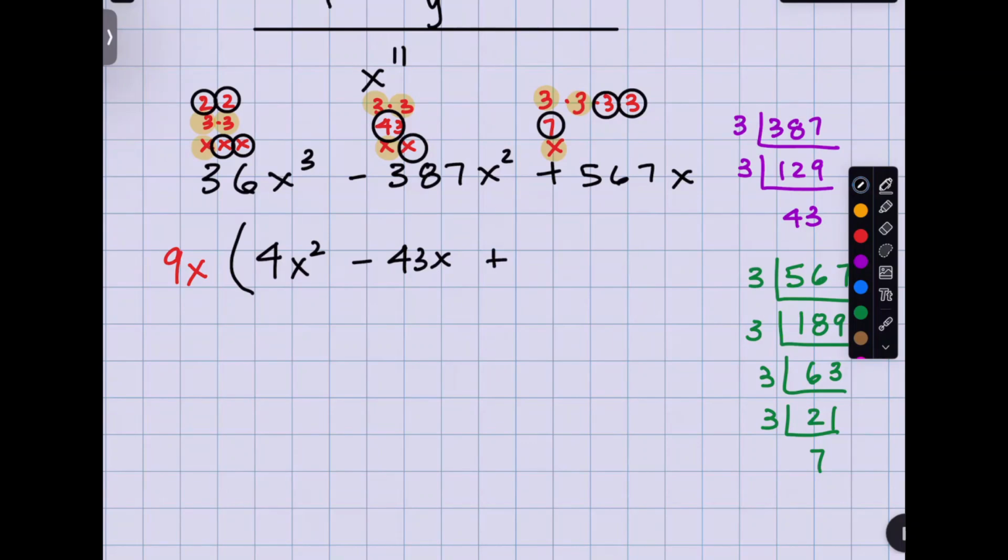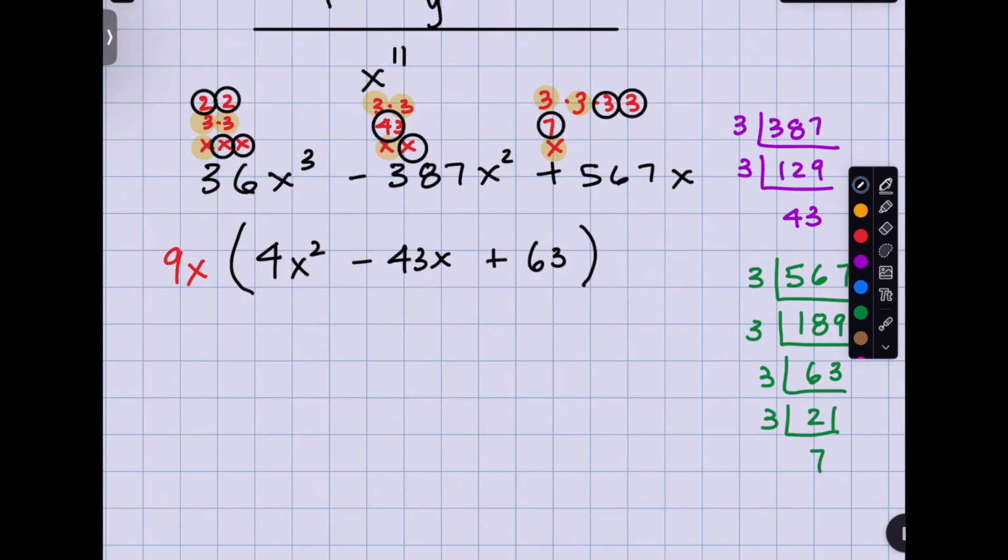What's 3 times 3 times 7? It's not 42. What is it? 63. It was 9 times 7.